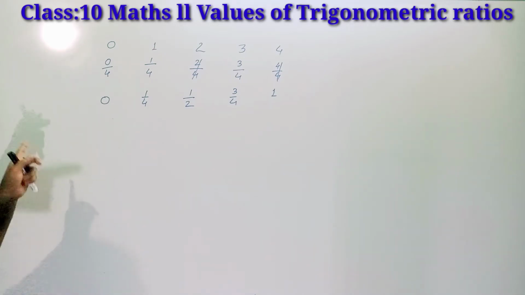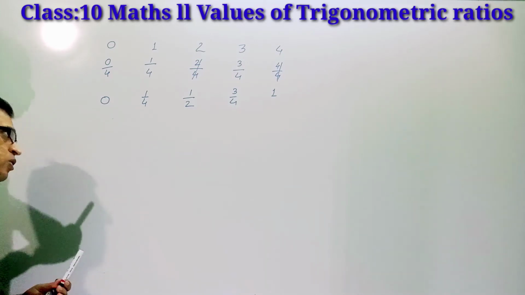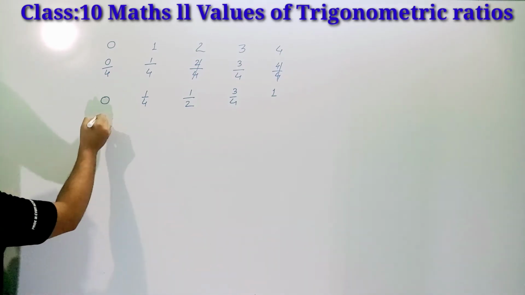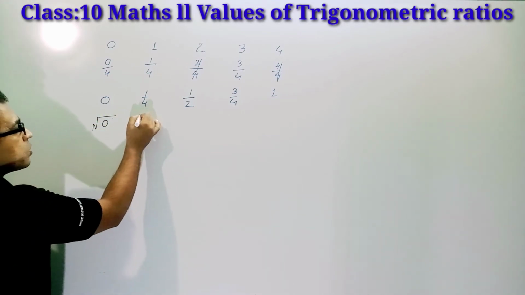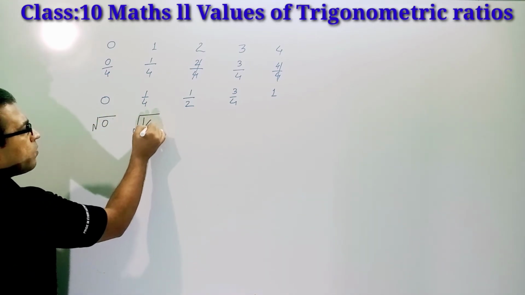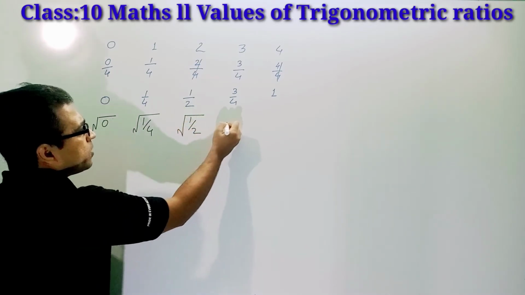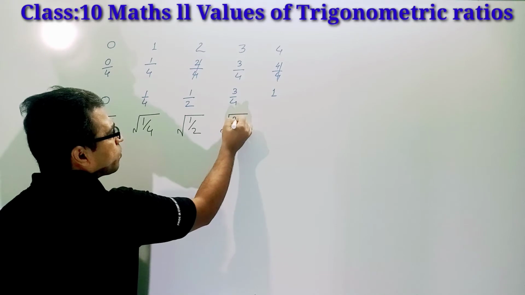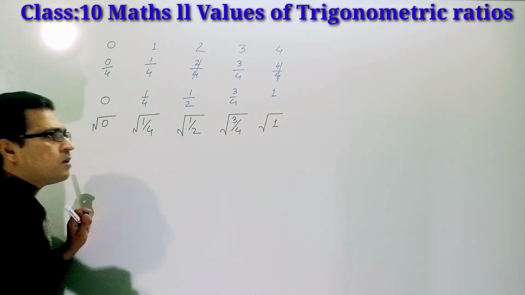Next step is what? Taking the square root of all these numbers. So square root of 0, square root of 1 by 4, square root of 1 by 2, square root of 3 by 4 and square root of 1.